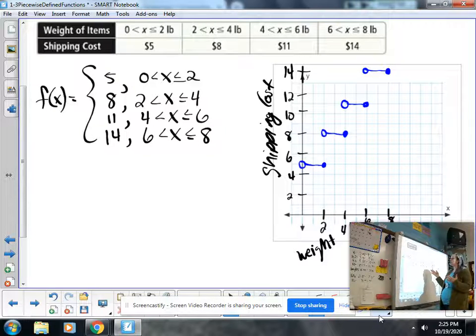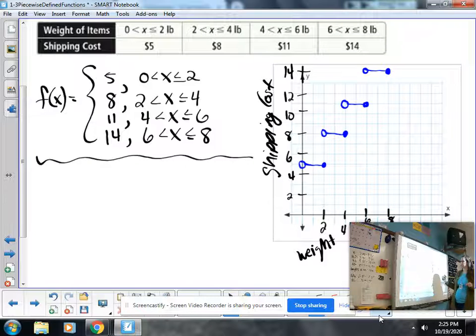So this would be the traditional way you would see that instead of in a table. I just wanted to add that so that you could see how it would relate to what we've done before.